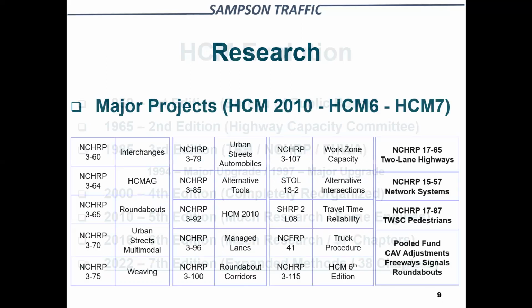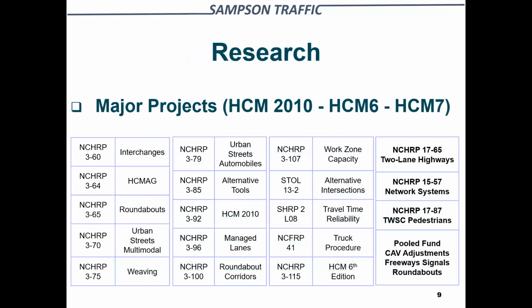And just to highlight, this is a slide I use in my training course to show you the changes since 2010. So these are showing the changes that moved up to 2010 between the 2000 and 2010 manual. These are showing research going up to the 6th edition.